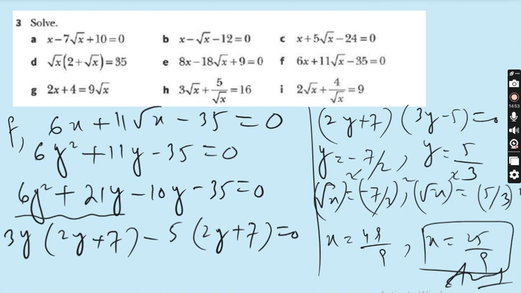Sorry for this. Sometimes I don't know why a window opens automatically. So 49/9 is not admissible. Move to part G.